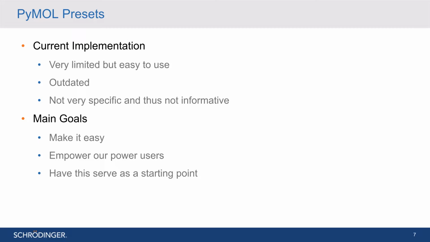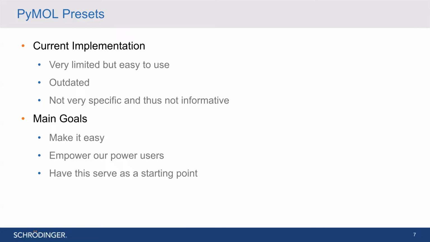The second bullet point here might be controversial, but in my opinion, a lot of the presets are outdated. These presets have been around for the better part of 2 decades. And I think the field has come a ways since then, particularly in terms of what's possible and what's expected in representing some of these structures.